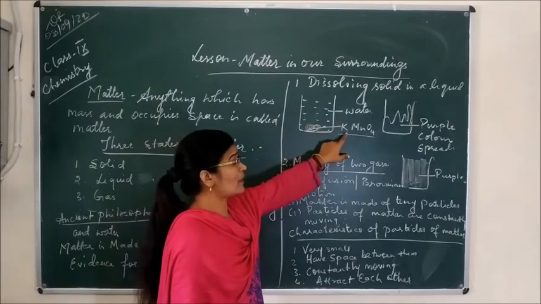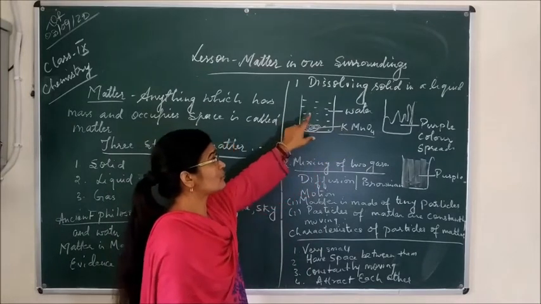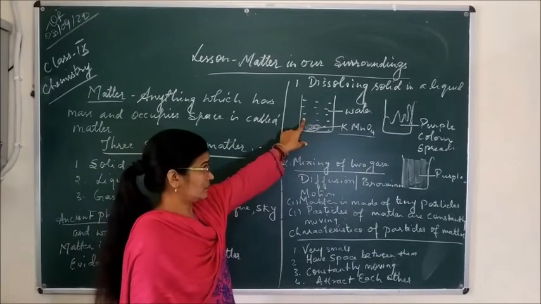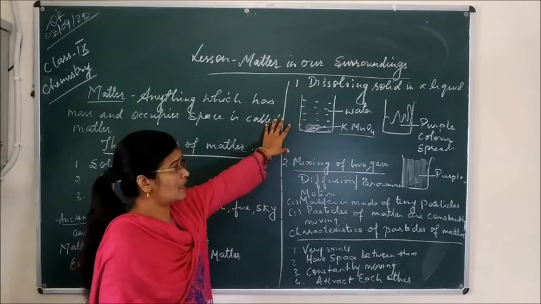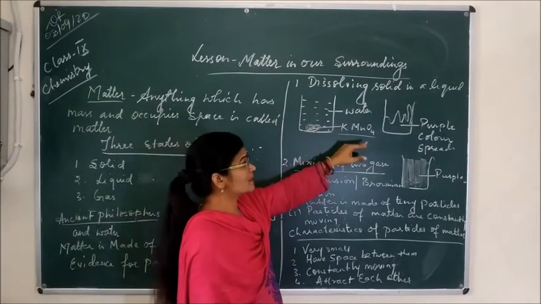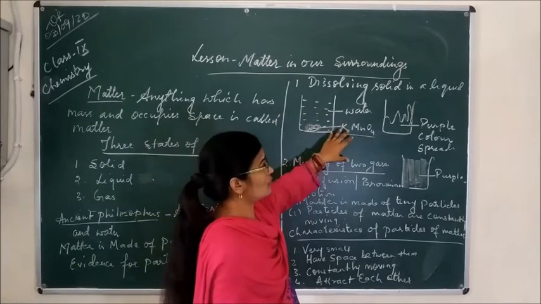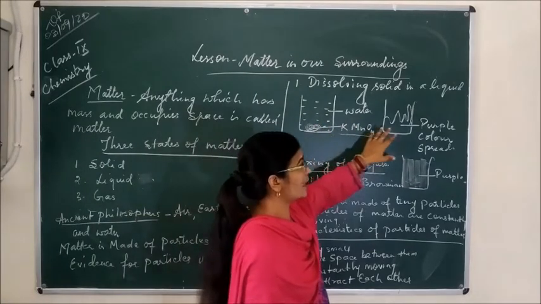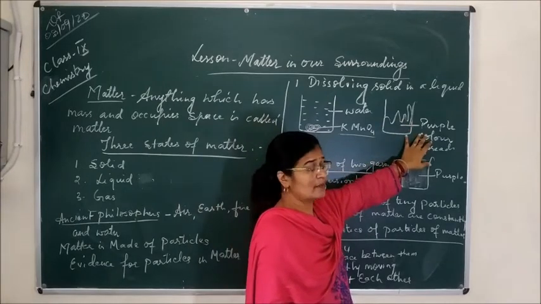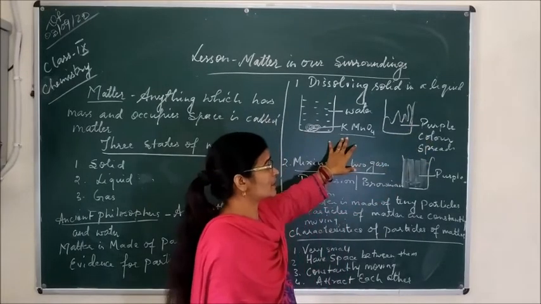The small particles of it diffuse in the water we have taken in the glass, and after a few minutes, these particles mix in the water and make the water purple, because the color of potassium permanganate is purple.